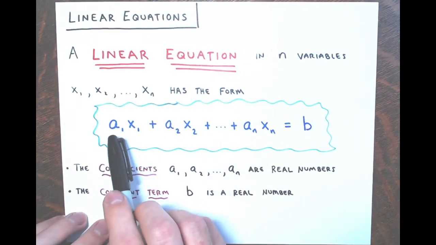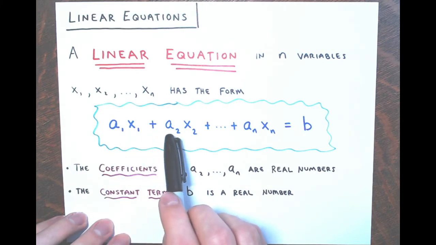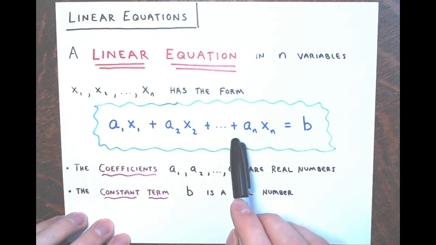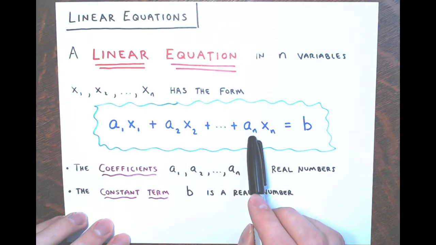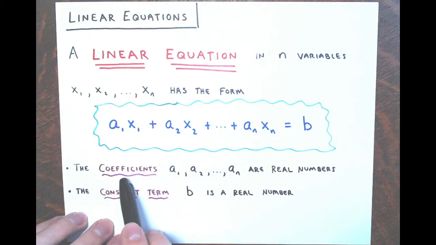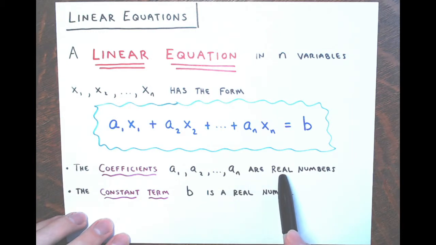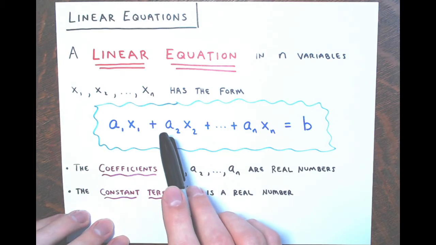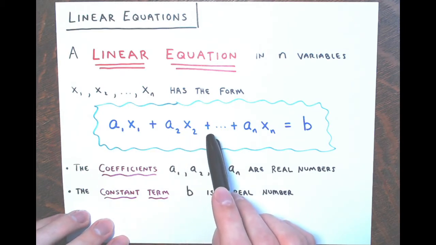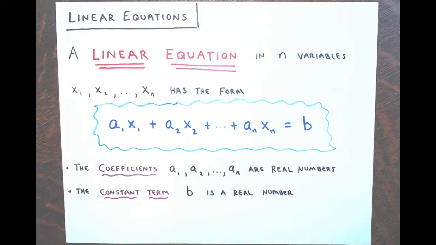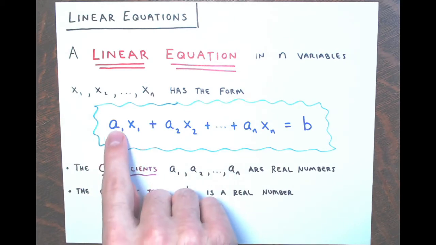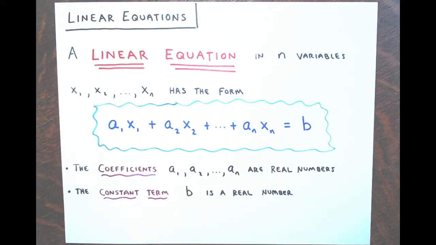Where every single one of these a1, a2, a3, a4, all the way up to an are called the coefficients of these terms. The coefficients a1, a2, up to an are any real number I wish, right? So I could have 2x1 plus pi x2 plus the square root of 3 times x3, and so on. All these a numbers are any real number I want.